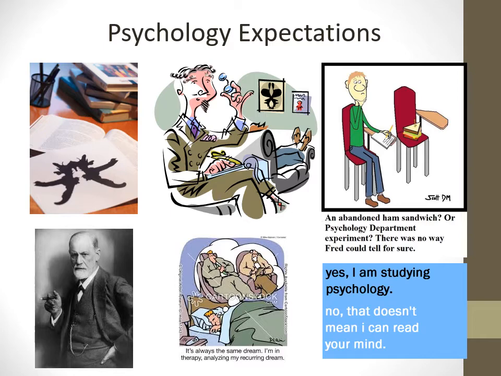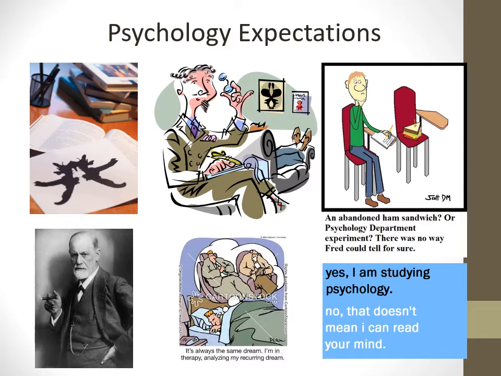Next, we've got our good friend, Sigmund Freud. He is a very major part of psychology, and a lot of times he's the only psychologist that people know. He is all about finding the unconscious. He wants to know about dreams and your parents and sex and all sorts of stuff like that.